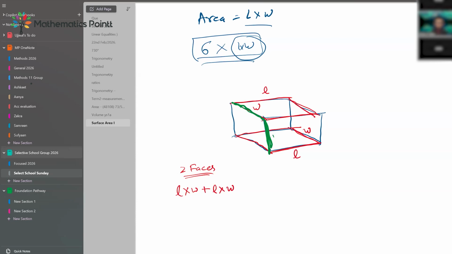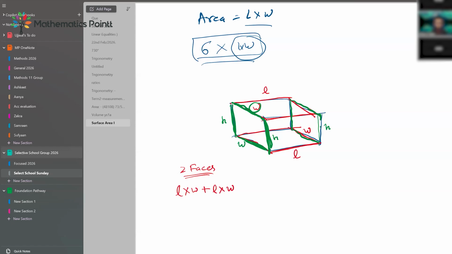So let's say I call it the height of this rectangular box. So these two sides are equal. Since this is W, this has to be W as well. And exactly opposite to it is another face. Now I have marked two rectangles in green.